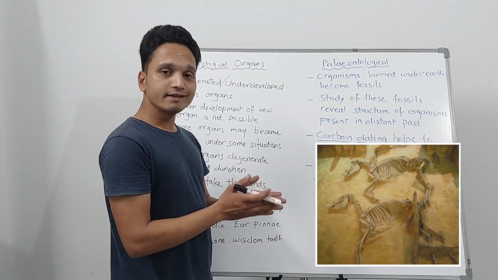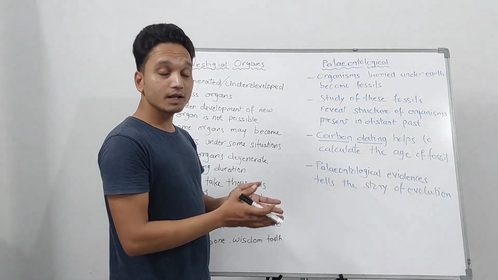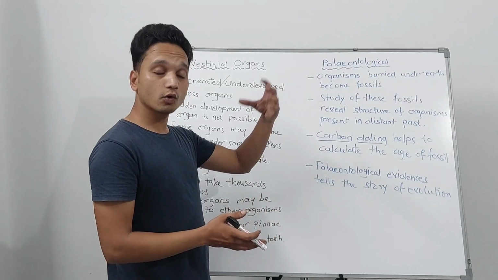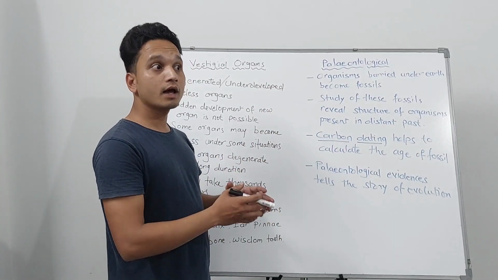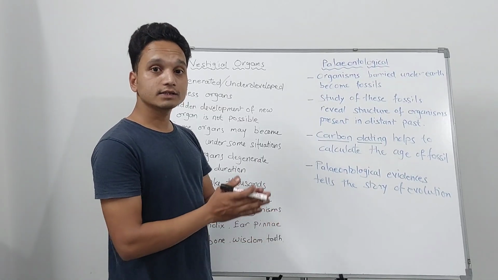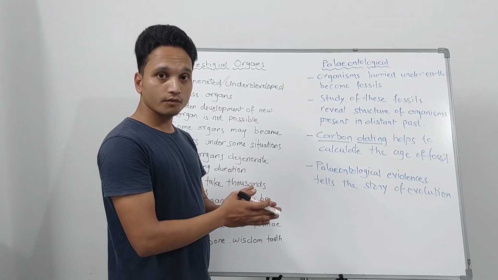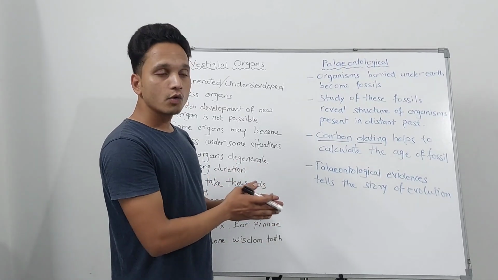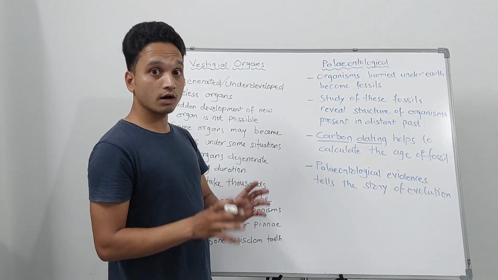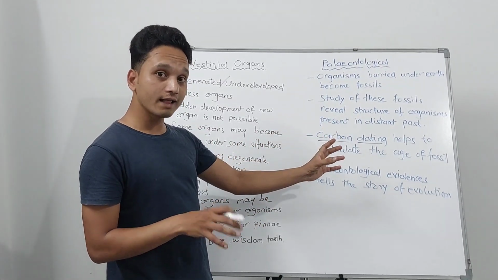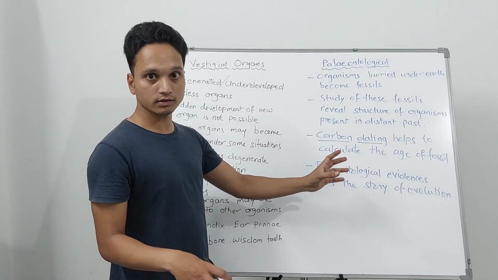And when we study these fossils of animals which got buried lakhs and crores of years ago, we come to know their anatomy, we come to know their morphology. By this study, we can clearly establish a relationship between the animals present on Earth lakhs and crores of years ago and the animals present on Earth currently.